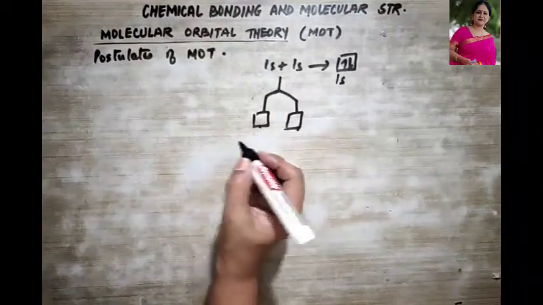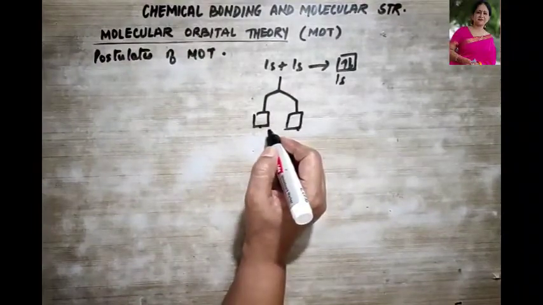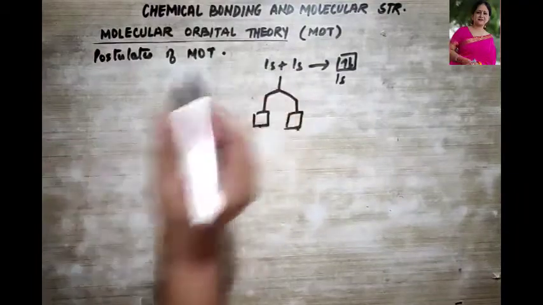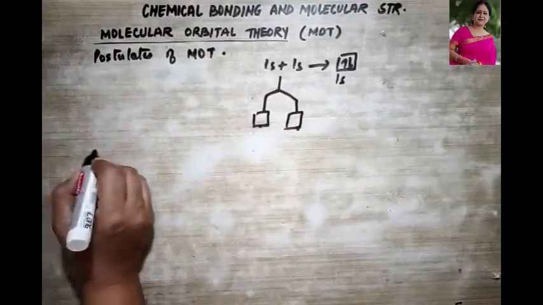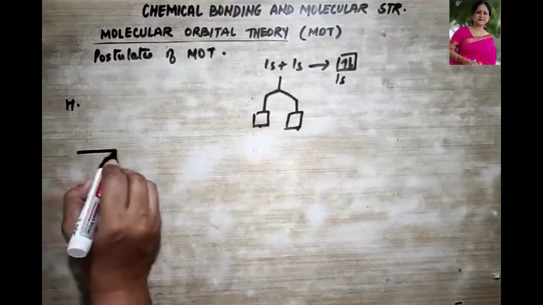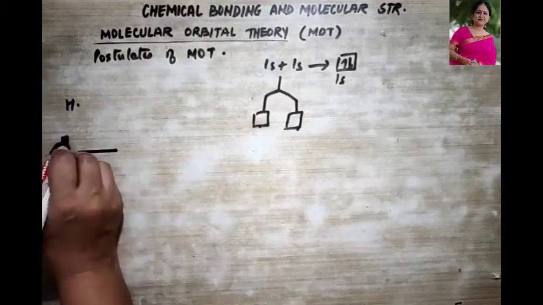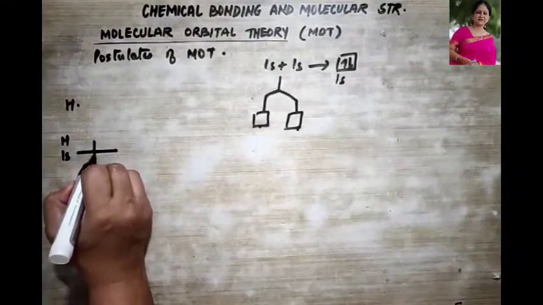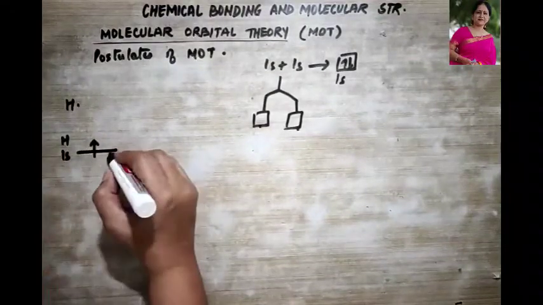So I will show it to you, the bonding orbital, with a diagram. Suppose I'm talking about hydrogen. So this is hydrogen. It is 1s, and it has one electron over here.